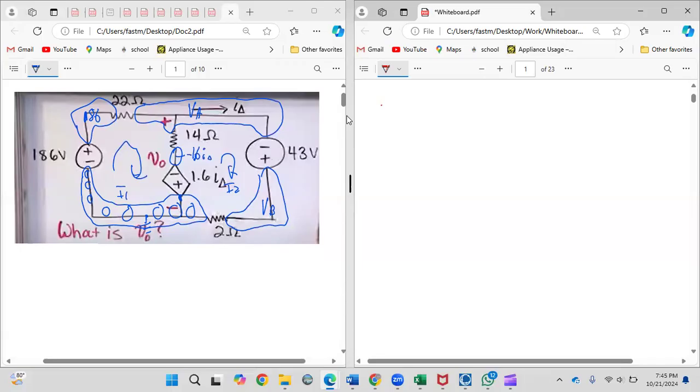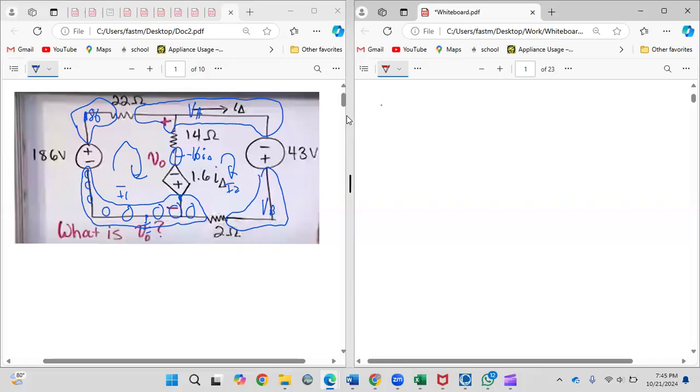A supernode is when you have a voltage source in between two unknown nodes. So I repeat, a supernode is when you have a voltage source actually joining together two unknown nodes. So it has to be two unknown nodes on both sides.